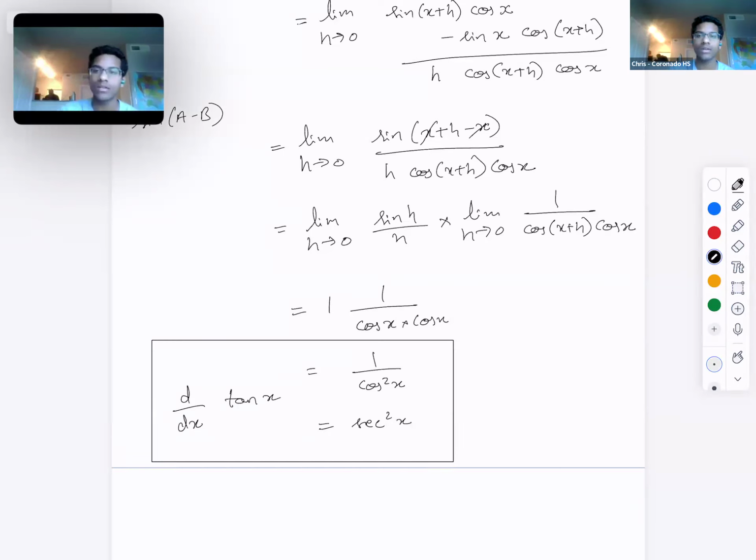If you substitute the value of h as 0, you will have 1 over cos x into cos x. Yes. Oh yeah, 1 over cos x is 1.